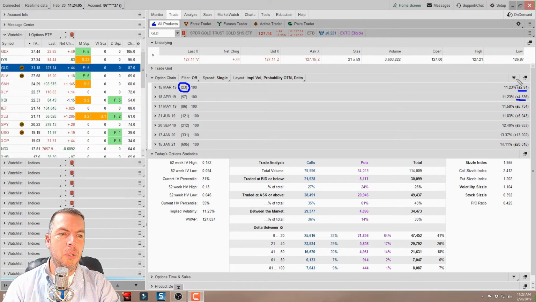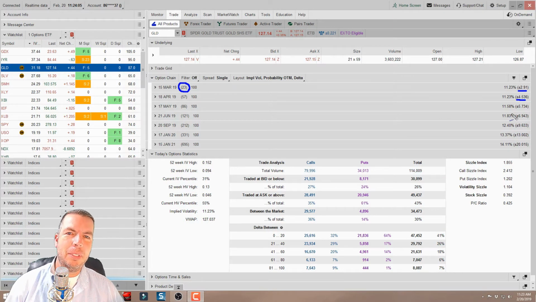The 1 standard deviation expected move is $2.91 plus or minus. This is really helpful when we're selling options and we want to know where that expected move is, and if we want to sell options outside that expected move, we can get an idea where that 1 standard deviation move is based on option pricing.